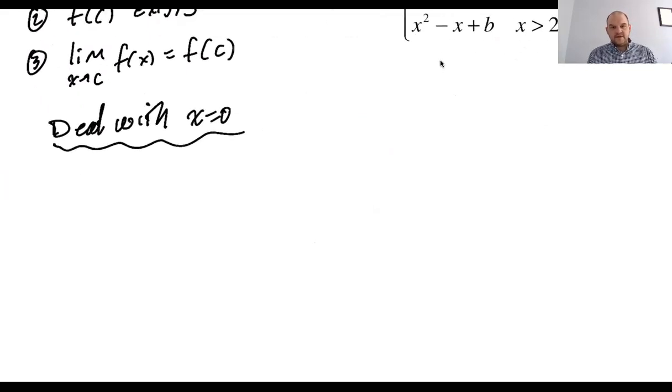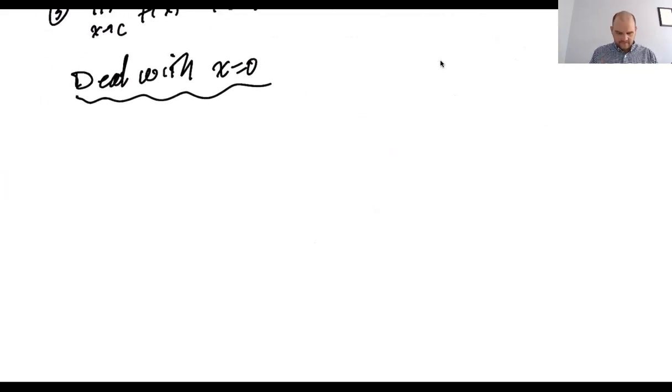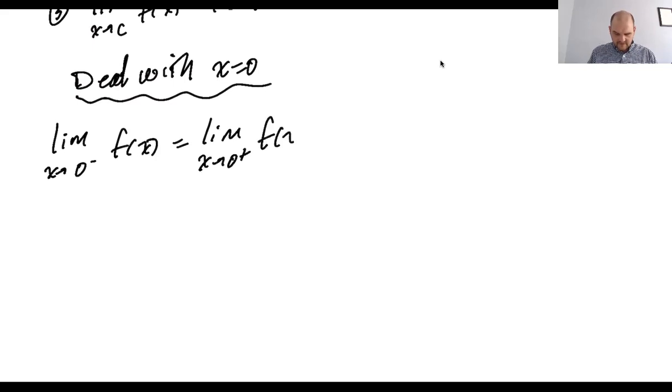All right. If the limit's going to exist, I need the limit as x approaches 0 from the left of f of x to be equal to the limit as x approaches 0 from the right of f of x. Okay, so that's for the limit to exist.